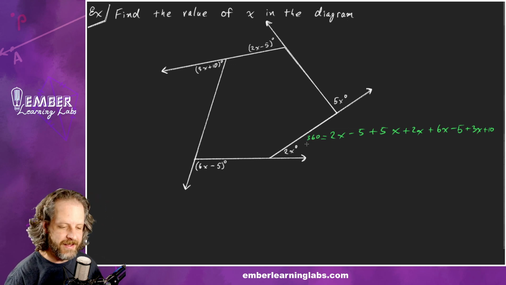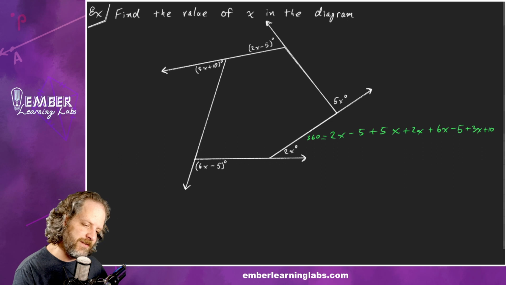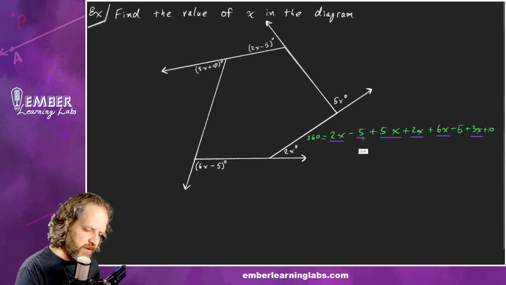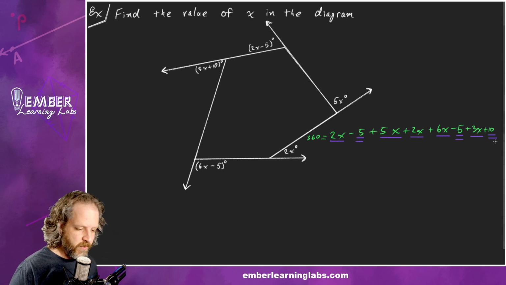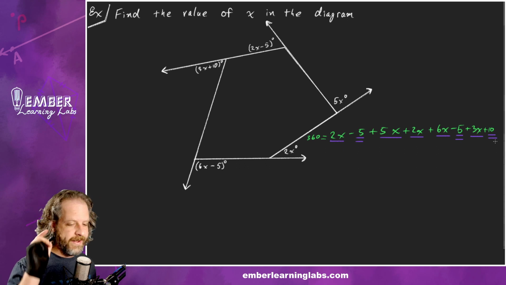It's a little bit ugly. So we got some like terms. Let's combine them. Let's do 2x and 5x and 2x and 6x and 3x. And then we'll also do -5 and -5 and 10. Ooh, that's nice. If you don't see why that's nice, then hold on to your hats.